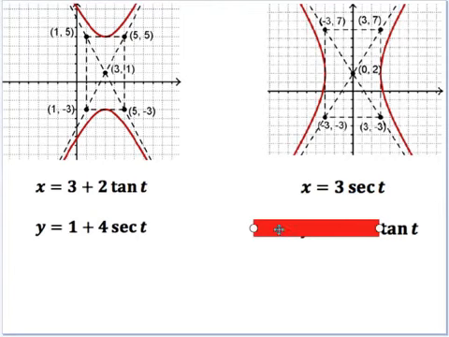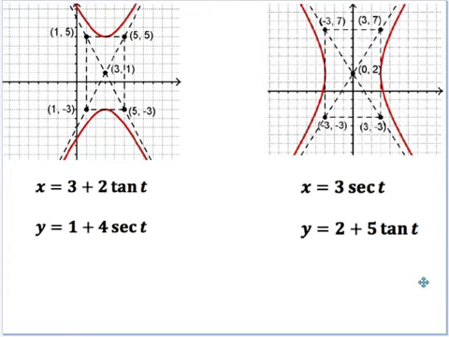Now this equation here, the y equation, I've moved up 2 units, so I'm going to have a 2 plus whatever my vertical radius is. Let's see, it's 1, 2, 3, 4, 5. So it should be 2 plus 5 times tangent t. Okay, so that's how I get my parametric function for hyperbolas.